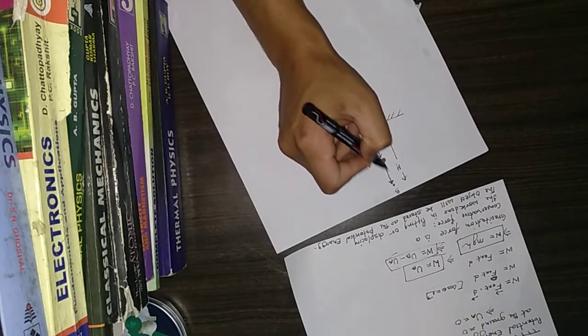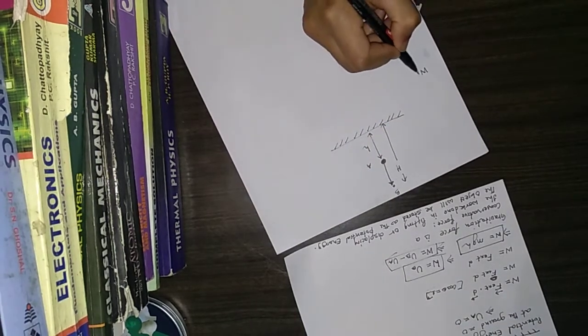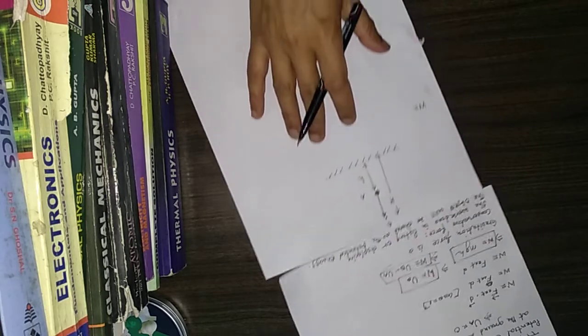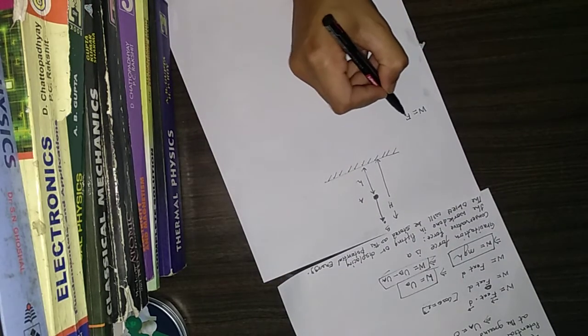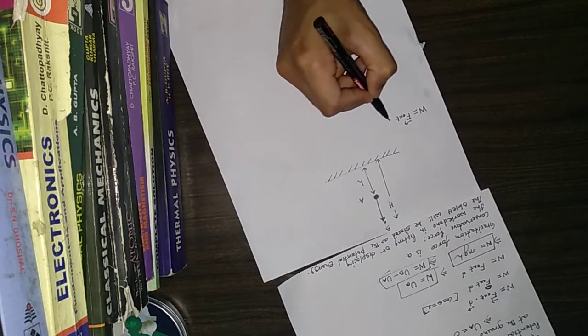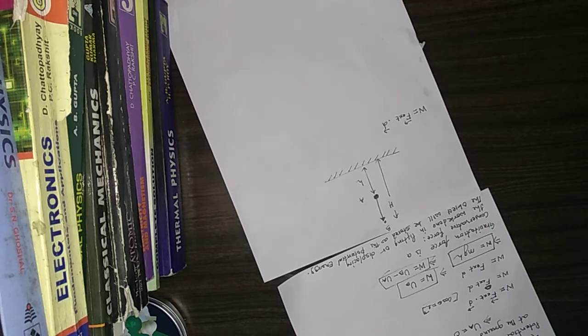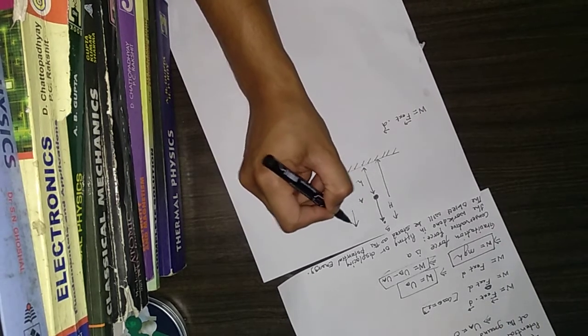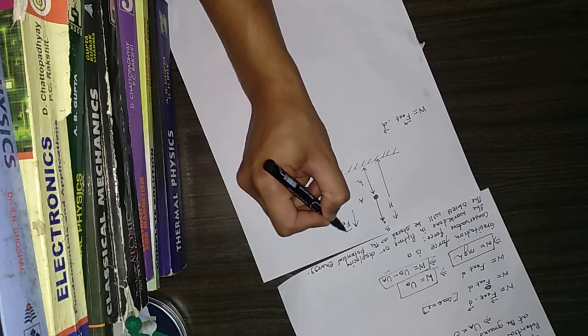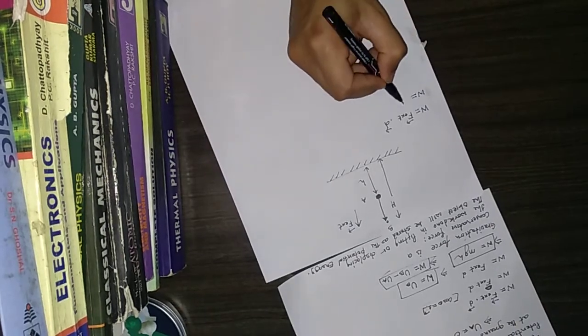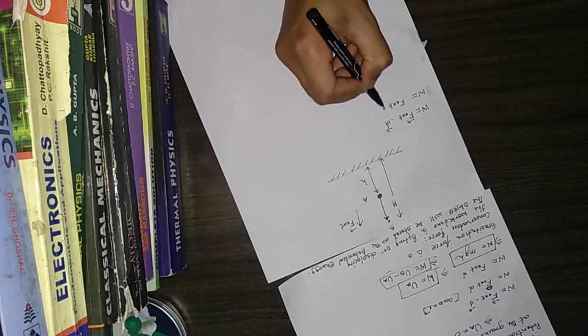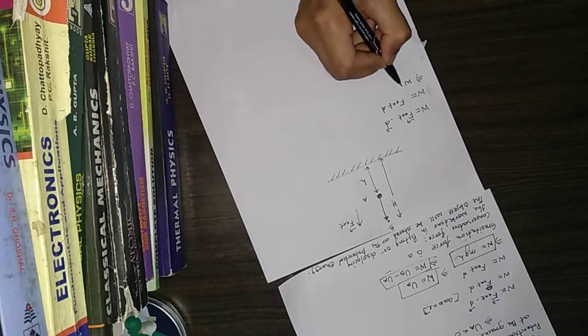Then what is the work done in this case? It is taken from point A to point B, so work done will again be F external dot displacement. Since displacement and external force applied are in the same direction, work done will be F external times d.